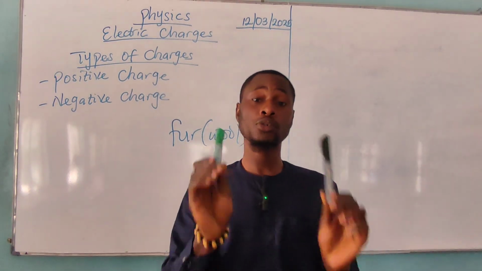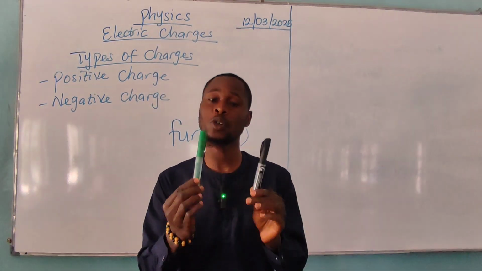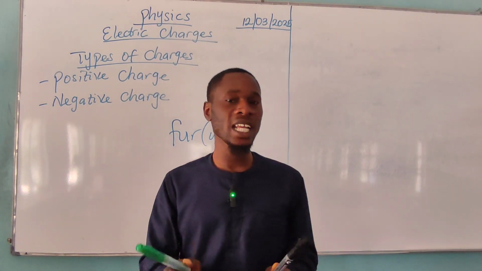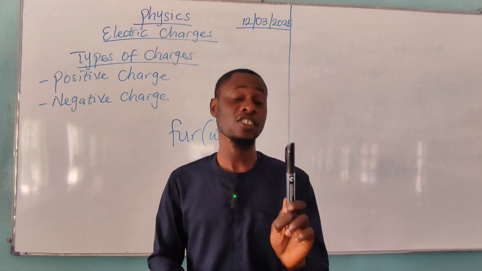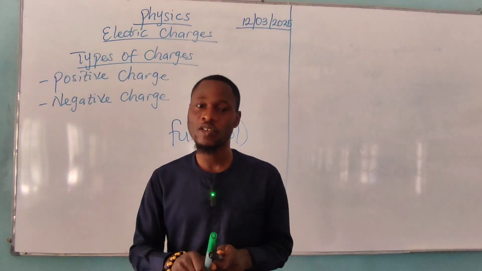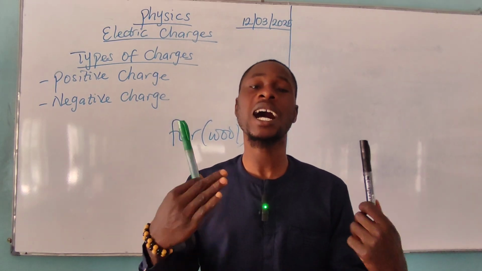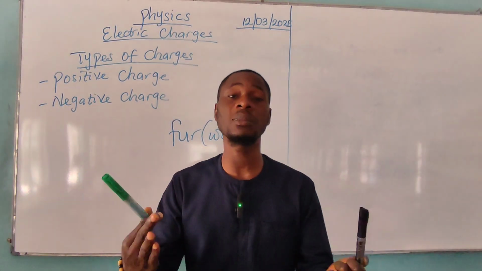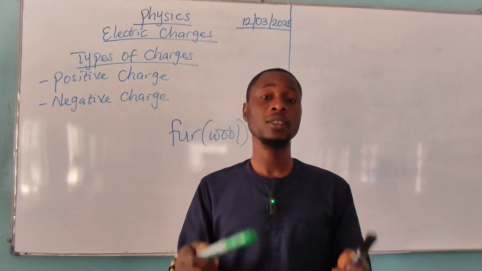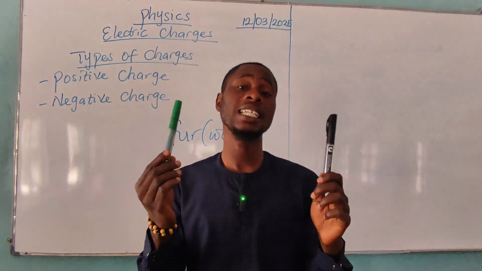Similarly, when you have two negatively charged ebonite rods and bring them closer, they also tend to repel away from each other. But when you bring a positively charged glass rod and a negatively charged ebonite rod together, they attract each other. Telling us that when two bodies have the same or similar charge, they tend to repel each other, whereas when two bodies have unlike charges, they tend to attract each other.